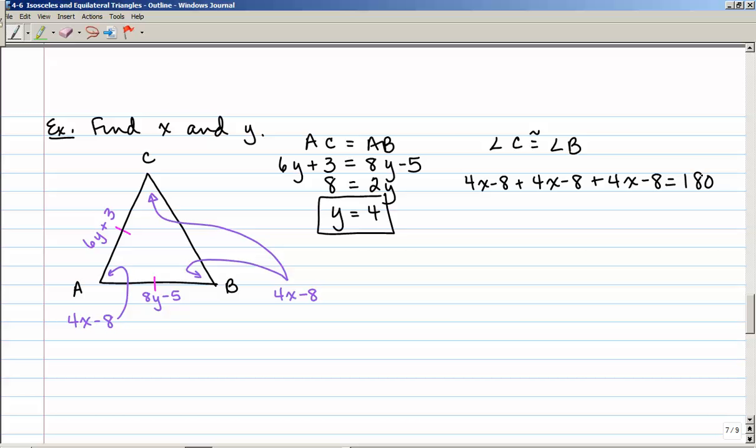Actually, I have an easier way to do this. If all 3 of these angles are the same, then that means that this is an equilateral triangle, and each one of those angles has to equal 60. I think the math is a little bit easier for that. So adding 8 to both sides, 4x equals 68, or x equals 17.